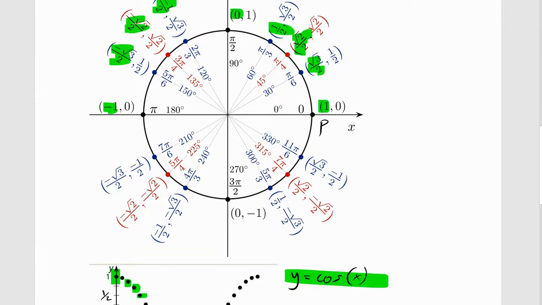And then you make your way back up. Your x values start coming back up, right? So negative 1/2 comes back up right there. 5 pi fourths was what? Right here. And 7 pi sixths, 5 pi fourths, right?